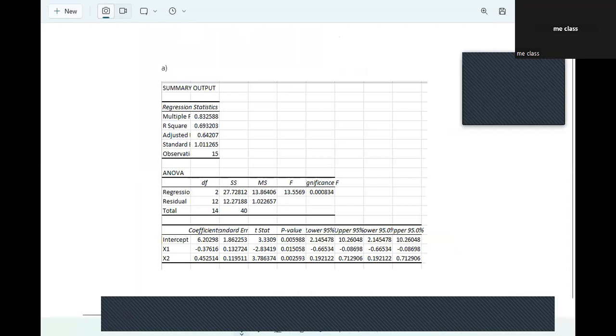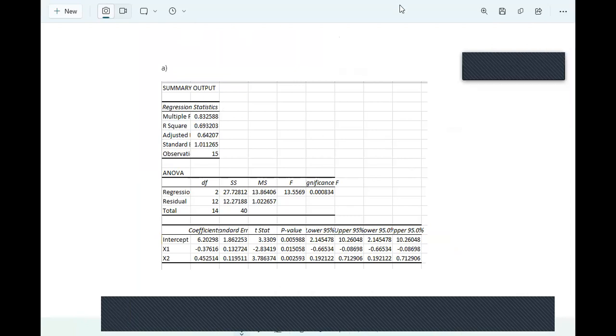Are you able to see my screen? Yes. All right. So we have the following output.